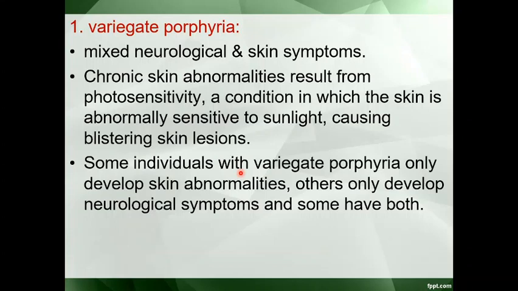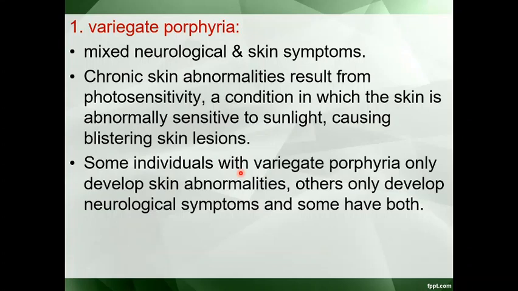Now it should become clear why we have discussed it before and why we are discussing it afterwards also, because some individuals develop both types of symptoms, neurological symptoms together with the skin abnormalities, and therefore we have included this in the mixed porphyria.